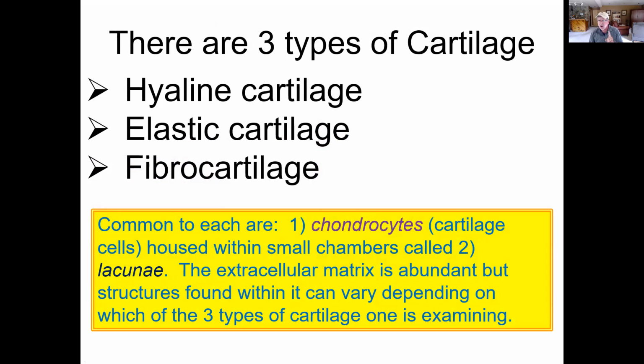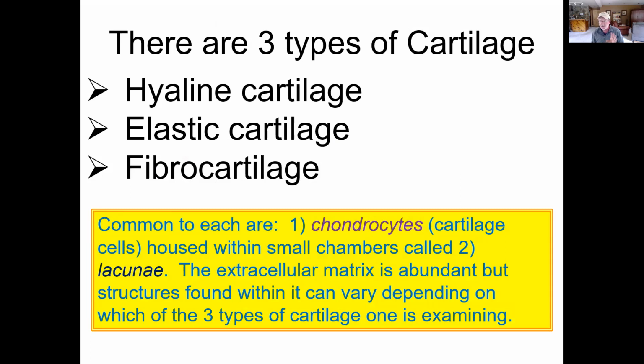Okay, so lacuna, one chamber; lacunae, more than one chamber. They again house the chondrocytes. The extracellular matrix that lies between the chondrocytes, as it mentions there, is very abundant. And it's going to vary depending upon which of the three types of cartilage we're talking about.